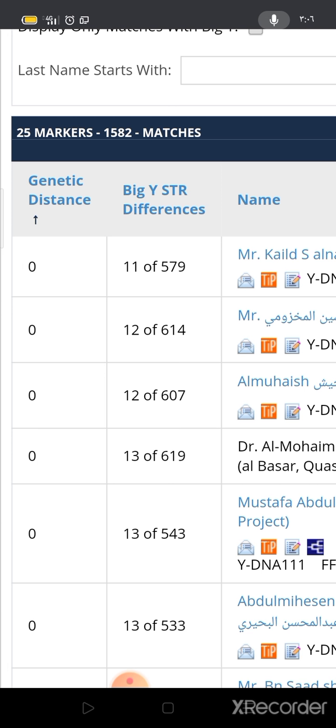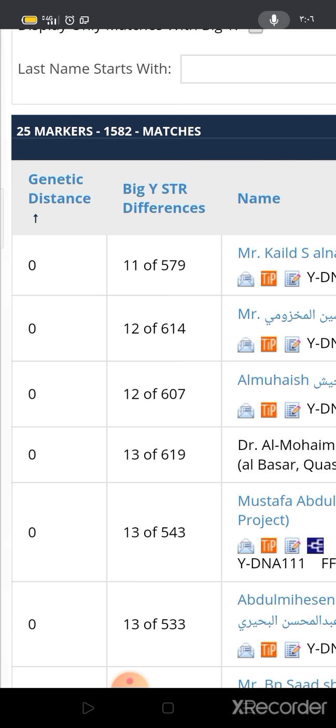We only have differences of 11 markers, but in the level of 25 markers we share the same 25 markers. That means maybe about 2,000 years ago, 3,000, like that. It's several thousand years, about 2 to 3,000 years ago.